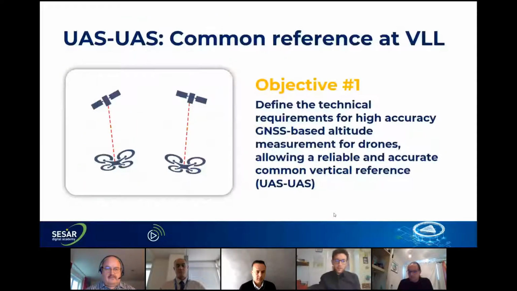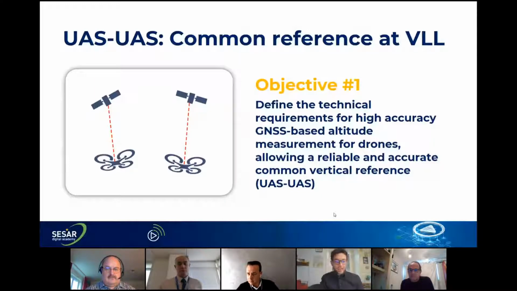More in detail, let's see now the three objectives. The first one that we analyze is to define the technical requirements for high accuracy GNSS-based altitude measurements for drones to allow a reliable and accurate common vertical reference.